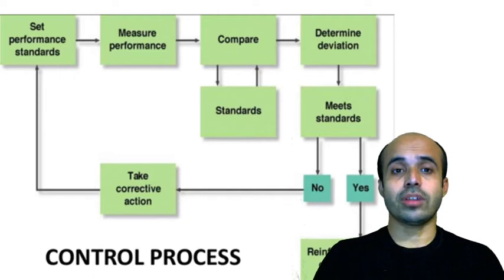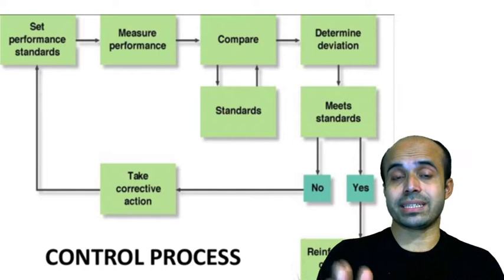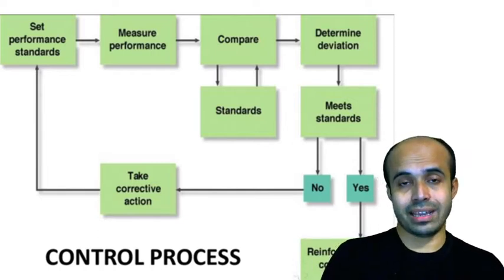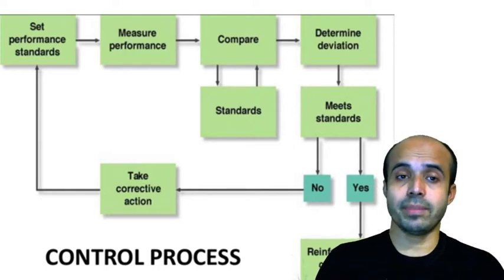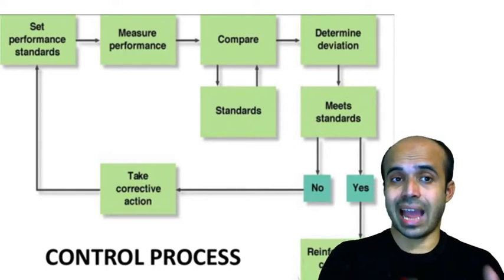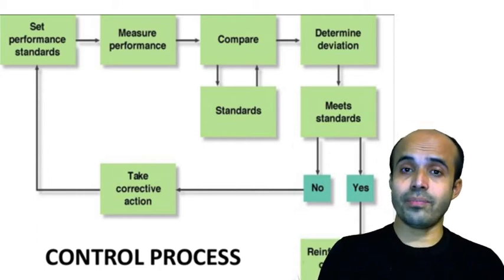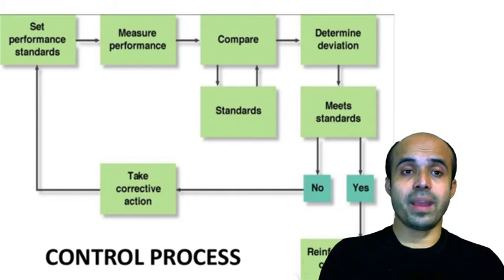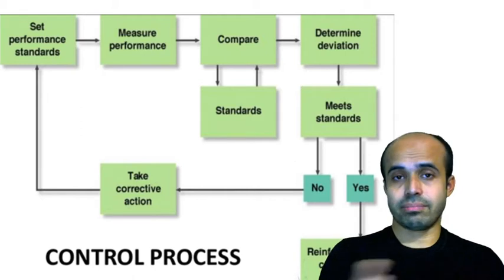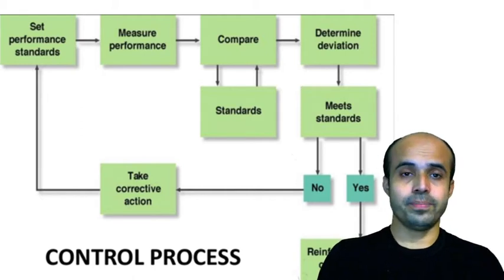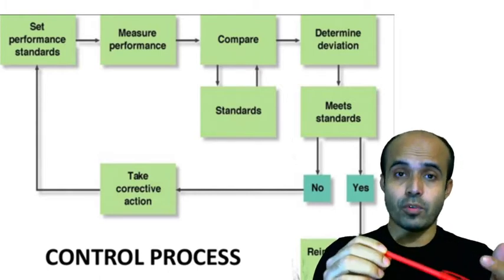Okay, now coming to the next, you can see the arrow. Arrow means that step by step, this will be done. Compare means we have to compare the set standard and the measured performance. What will we compare? We will compare quality, size, color and other things. Like this is a pen, and 1 lakh pens are produced.